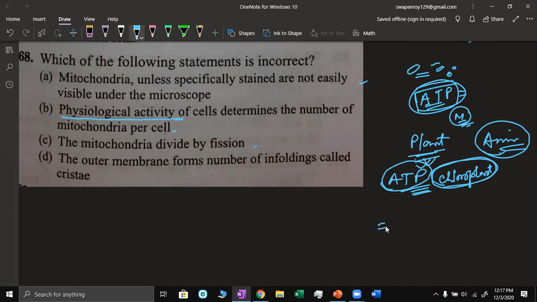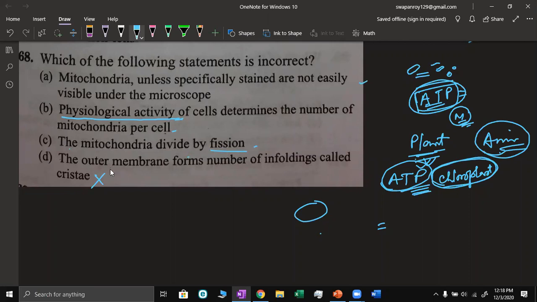The mitochondria divide by fission. The outer membrane forms a number of infoldings called cristae. This one is the wrong statement. The statement that mitochondria divide by fission is true, meaning one mitochondrion may be divided into two or three or more mitochondria, breaking down into smaller pieces.